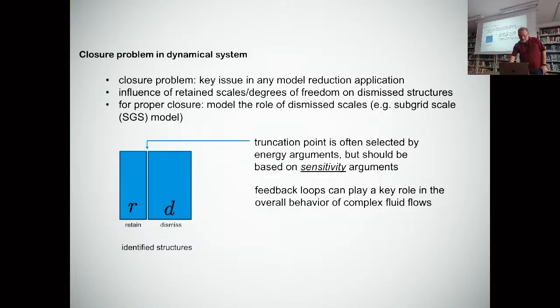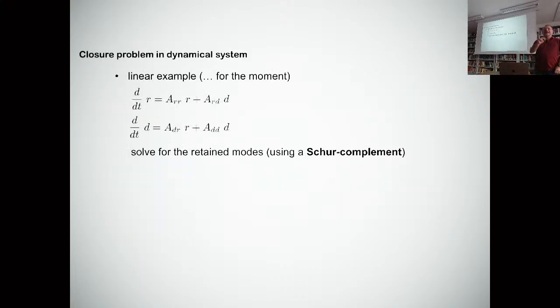Now, let's go back to linear for a moment. What do we do if we have a linear operator? In a linear example, we can actually write down an equation for R, the parts that we keep, okay? And then the equation for D, the parts that we dismiss, okay? It's a simple partition, okay?